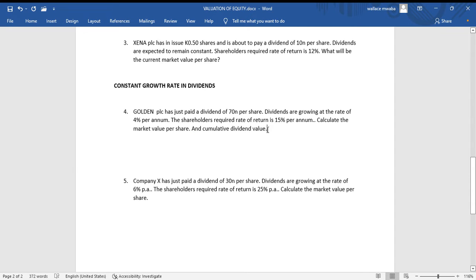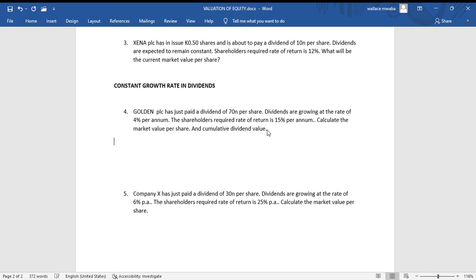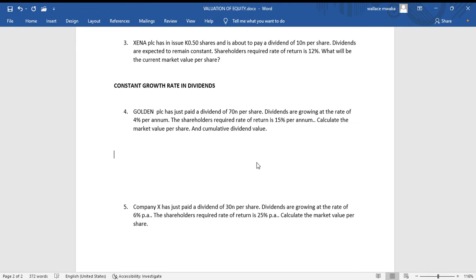So to calculate first the market value per share, I'll just note it as MV equals D0 open bracket 1 plus g, divided by, we'll write it as Re, but this is just the cost of equity, Re minus g.